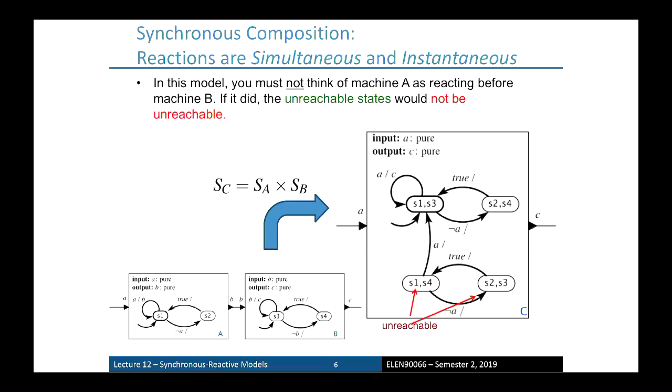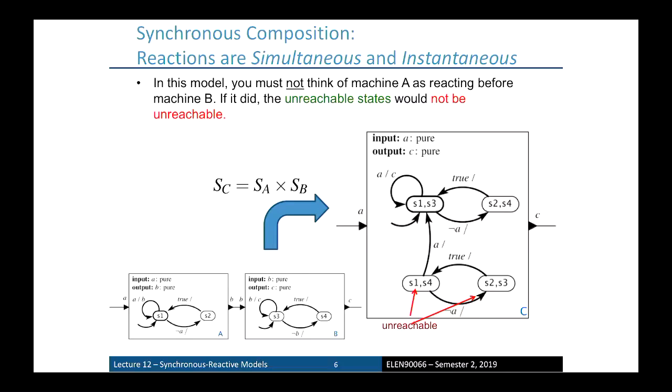So at the instant where A becomes absent, the output of this becomes absent, and if we're in S3, an absent input B leads us to a transition to S4 with an absent output. So all that together is this little transition here. That A being absent has simultaneously made both machines move across to their other states, S2, S4, in lockstep.